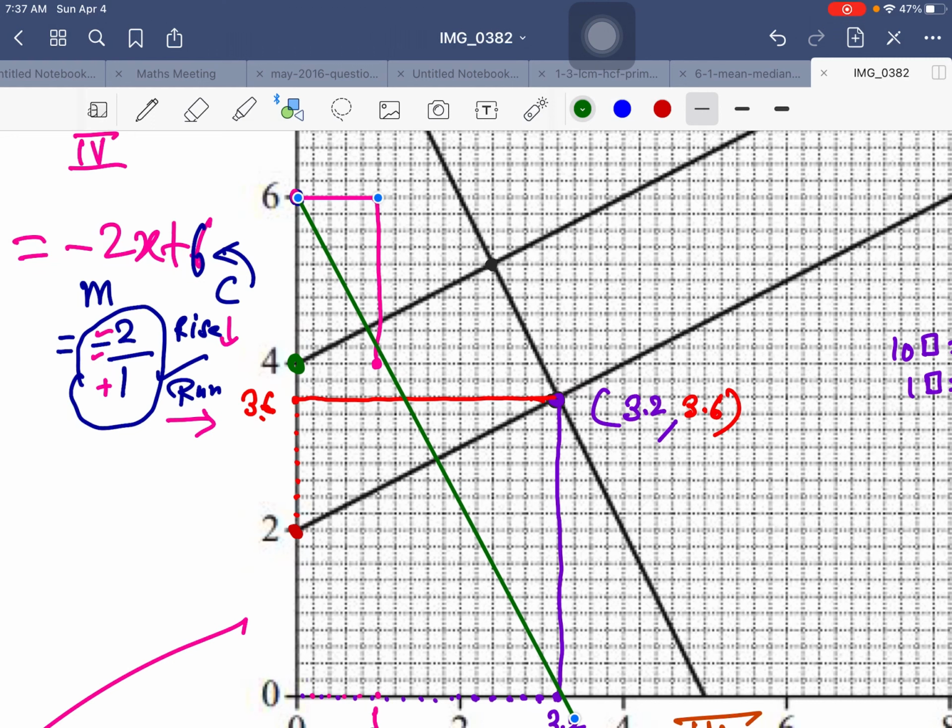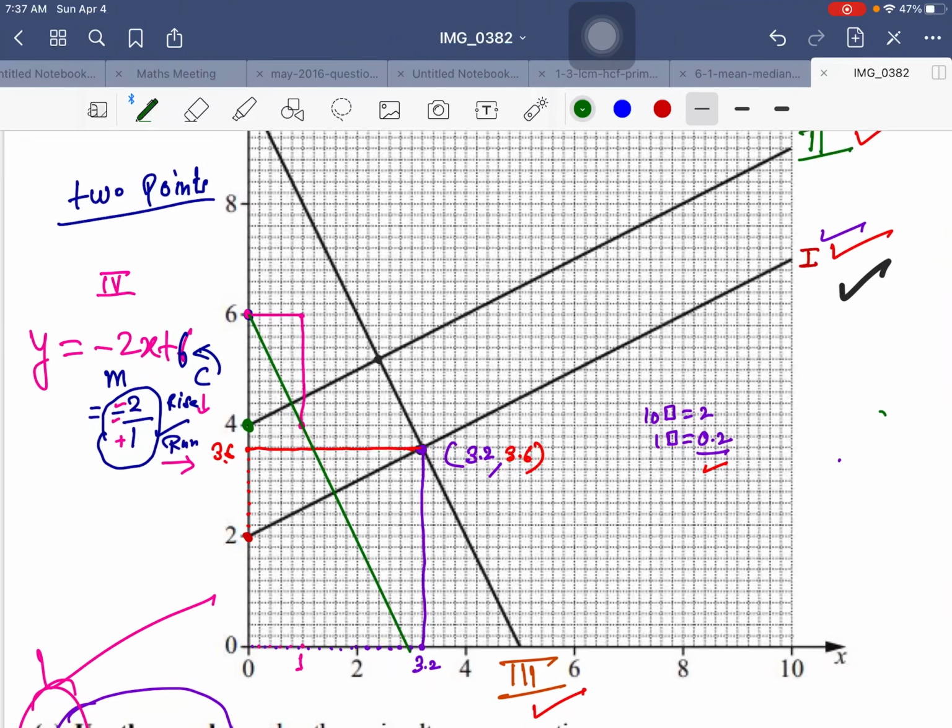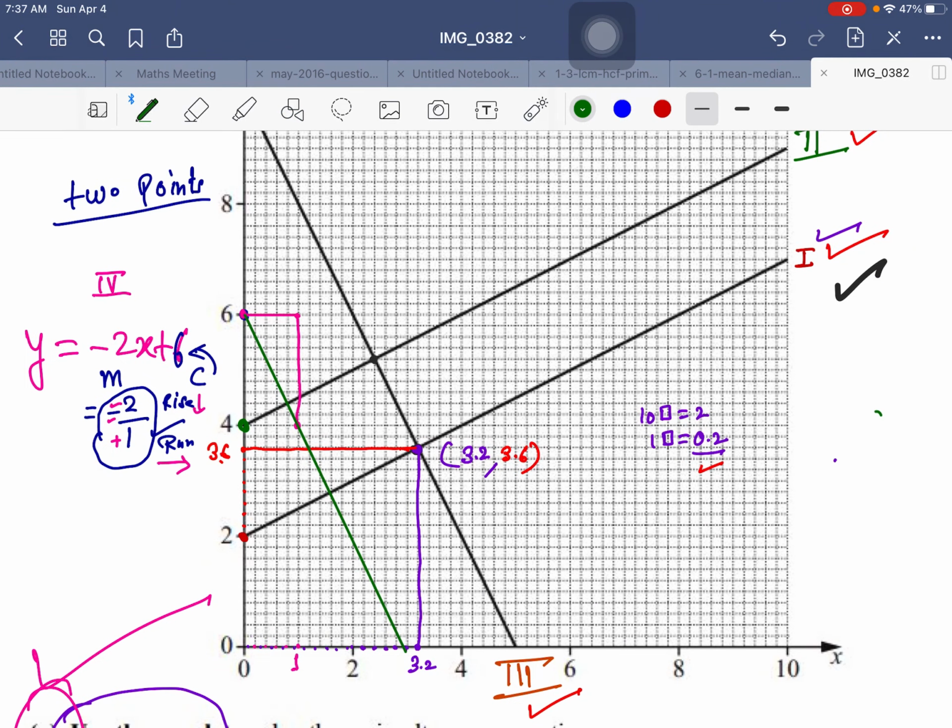Okay, we need to move this one a little bit this side. Okay, it's done, guys. So this green line is the fourth line we drew here. So B part is done.